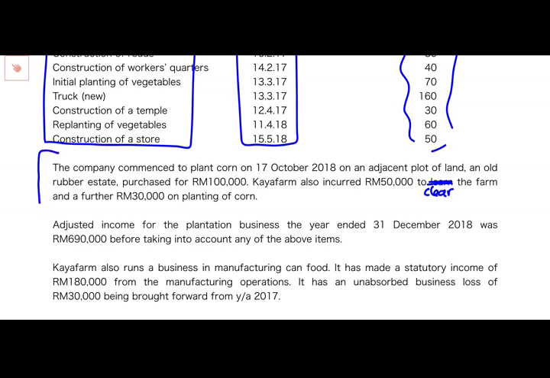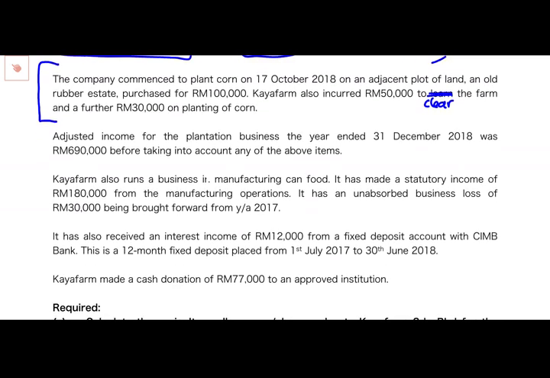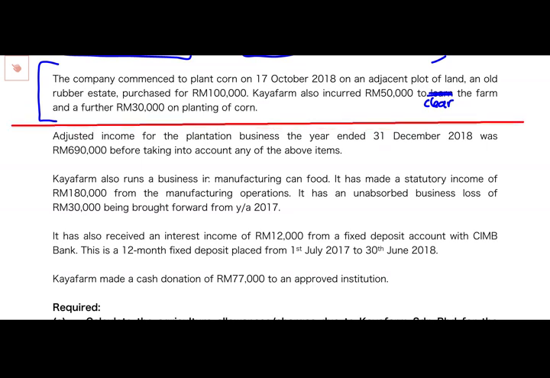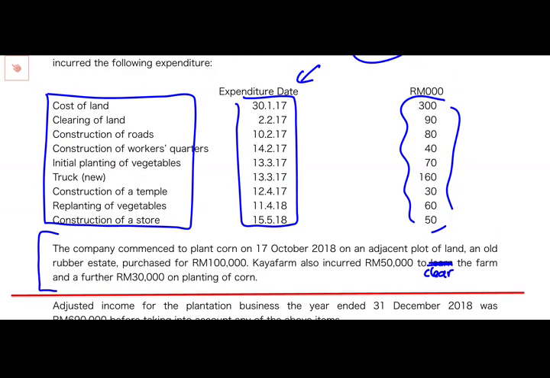Okay, so that's another 2 expenditure that they mentioned here. Now, moving forward, then they say the adjusted income of the plantation business 690,000 before taking into account the above item. Now, all that is not relevant to Part A anymore because they start telling you about the business. How much is the income? Okay, so as far as Part A is concerned, that's it. You only need up to this part.